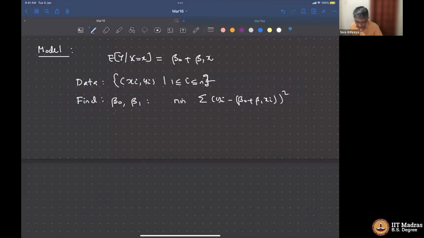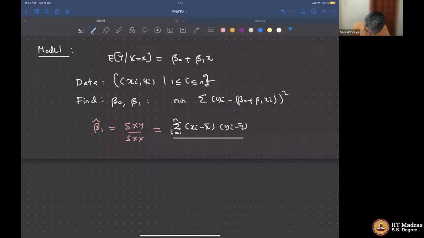Very good. Now here also we found out that if you minimize this, beta 1 hat is just sum of squares of xy divided by sum of squares of xx. The same thing, I'm writing it in a little bit fancy way: summation i equal to 1 to n of xi minus x bar and yi minus y bar, divided by summation i equal to 1 to n of xi minus x bar, the whole square.